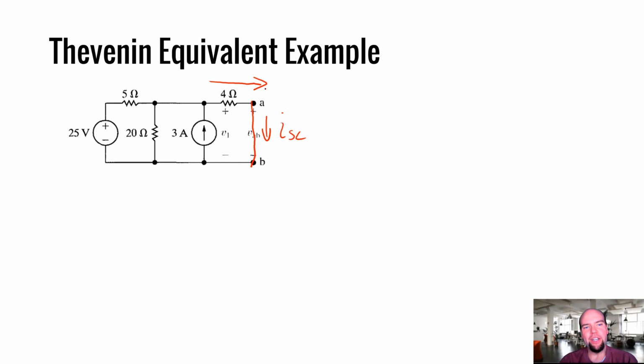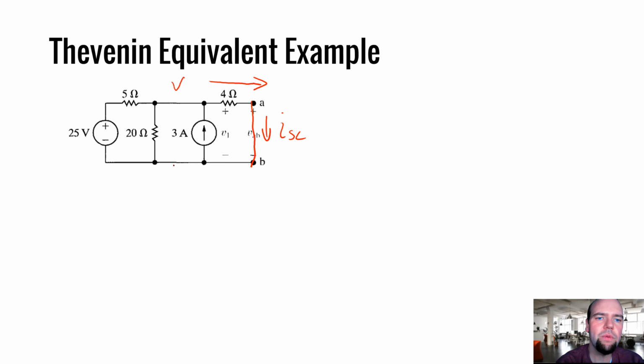Well, I could do mesh current, but I kind of want to do node voltage again. It's just going to be one equation, but it's going to be a different equation. That's the key. The open circuit case and the short circuit case are two different circuits. And so if I want to use a technique, I can't recycle the math I already did. I have to redo the math from scratch. So we can do another node voltage problem. That's fine. But it's going to be a different equation. So let's do another node voltage to eventually find this current.